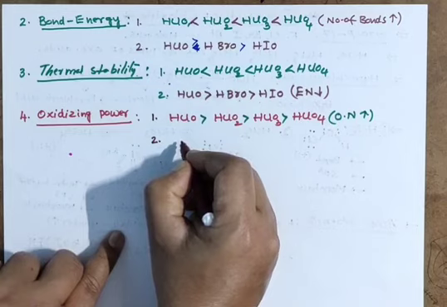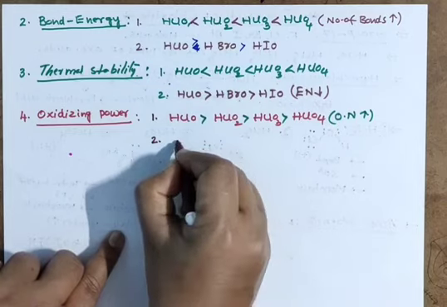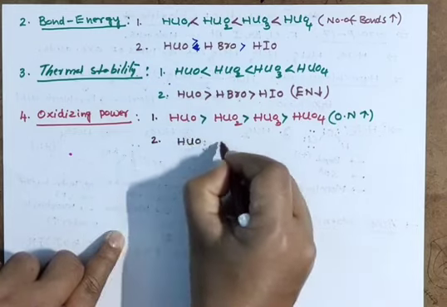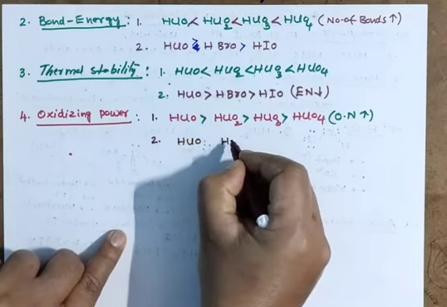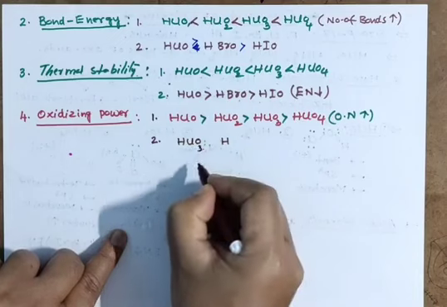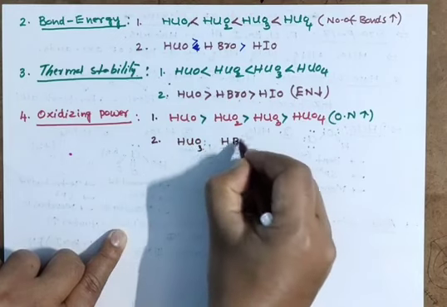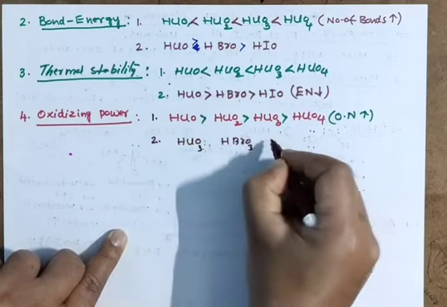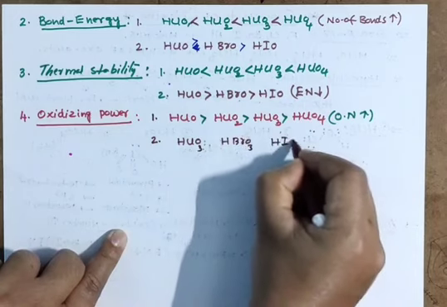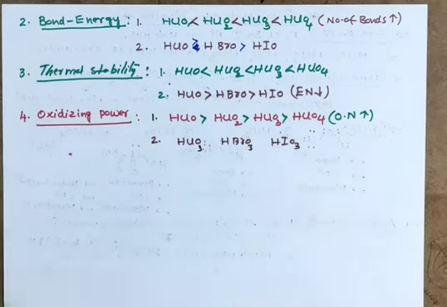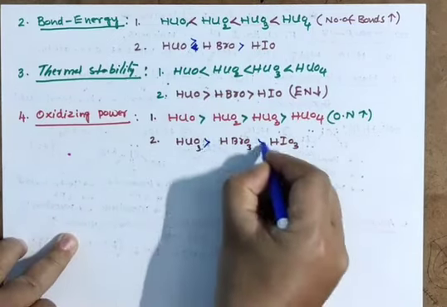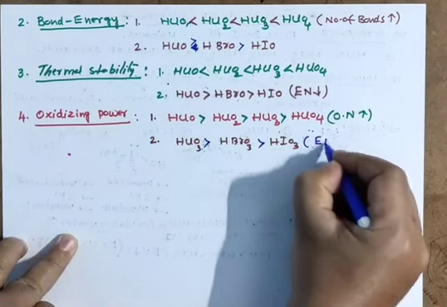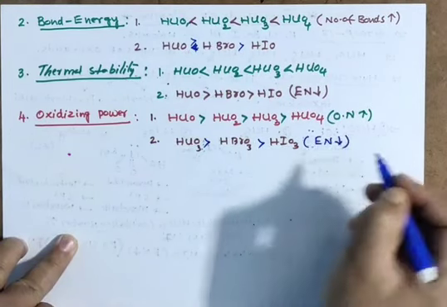If different central atoms are there, then go for HClO3, or I am taking 3 here, HBrO3, HIO3, like this given. Oxidizing power trend they are asking. It is going to decrease because electronegativity decreases.